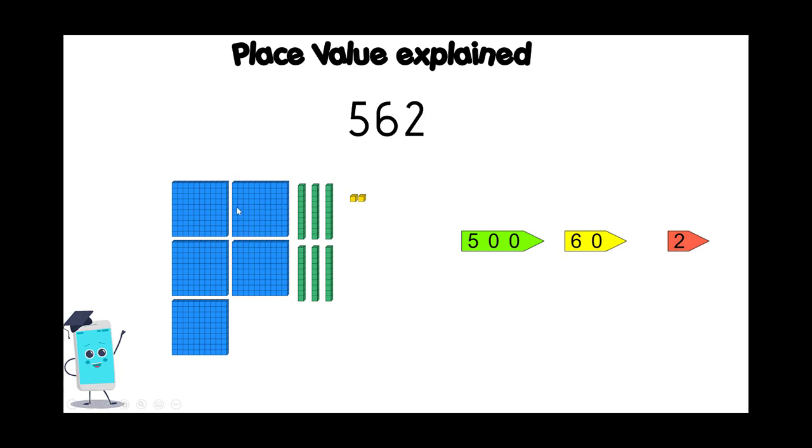So here we have 5 hundreds squares, we have 6 tens, and we have 2 ones, sometimes known as units. The government are moving more towards us calling those ones now. And an arrow card, we have a 500, we have a 60 and we have a 2, and those can actually be put onto one another, and I will demonstrate that now.